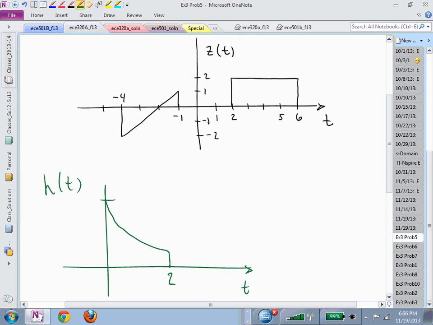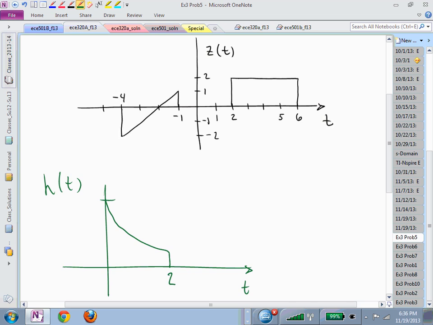So now with this z of t and this h of t, when's the last time you're going to see the output shaking? At what time t? So now I'm exciting the system. The system responds like this with h of t.